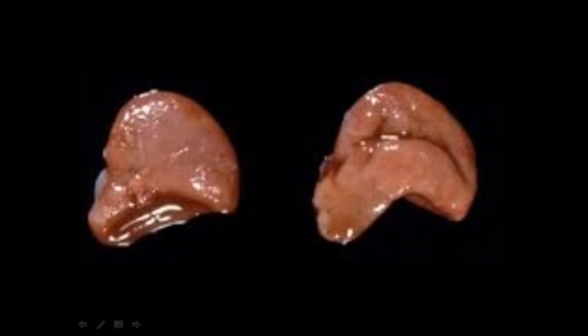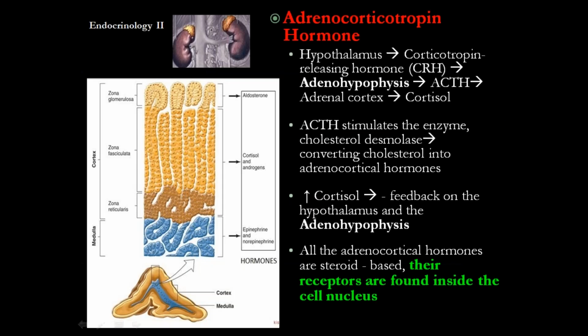The right one is more of a pyramid shape, and the left is more globular, like a half-moon shape. Okay, so to know about the adrenal gland, we just need to remember that if we cut the adrenal gland in half, we are going to have this situation. We have the cortex and we have the medulla.